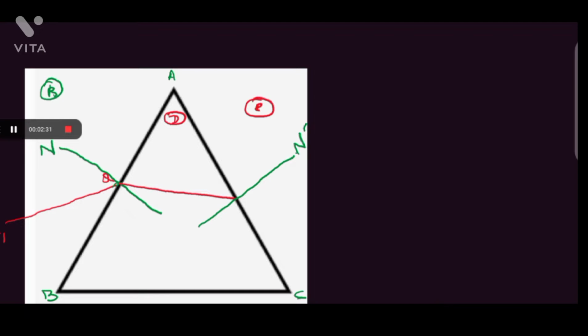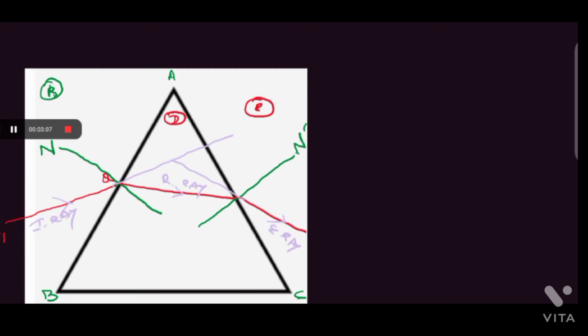Let it be N dash to differentiate it. And from denser to rarer, it bends away from the normal. This is the path of the light ray that falls through the prism. You can see how the path is getting deviated. If you extend the incident ray and the emergent ray, so this is your incident ray, this is your refracted ray, and this is your emergent ray, totally emerged out from the prism.